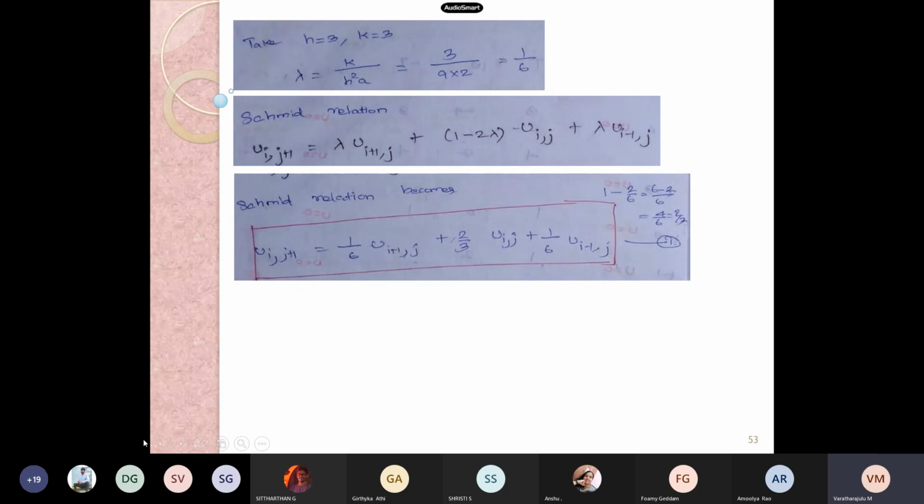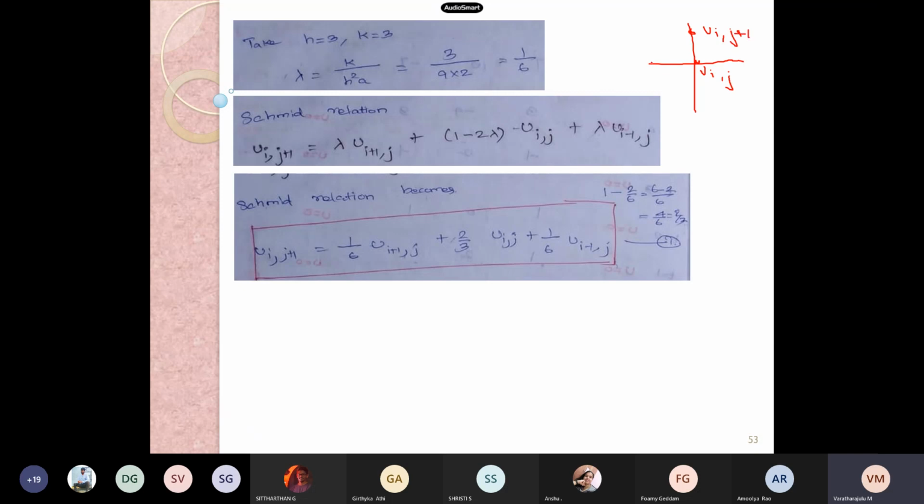Our interest is to find these values with these coefficients. We will make a diagrammatical representation. This is u(i, j), and our focus is to find the point u(i, j+1).